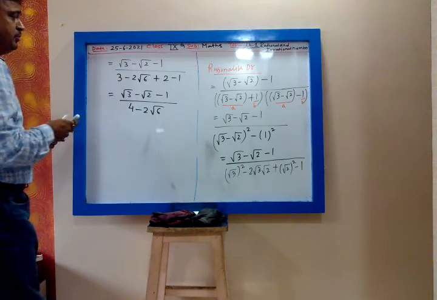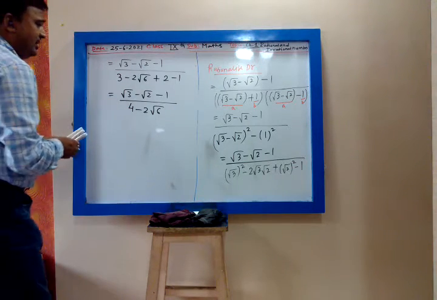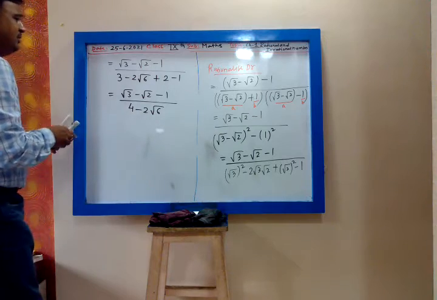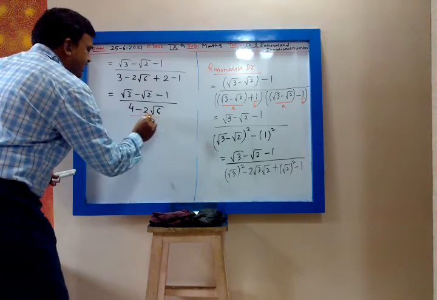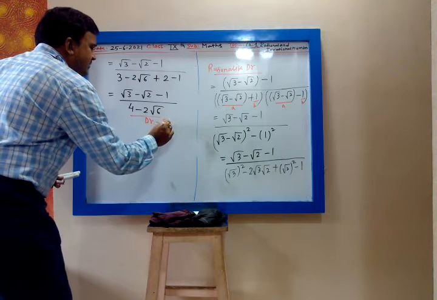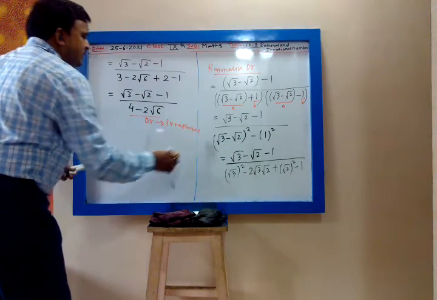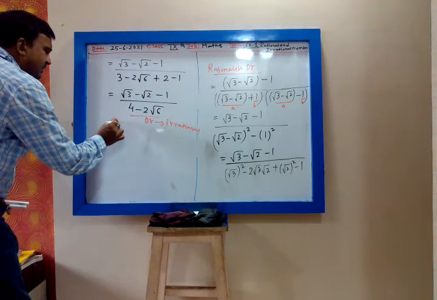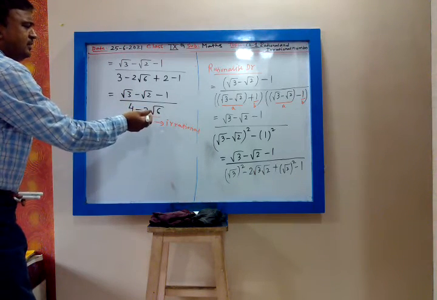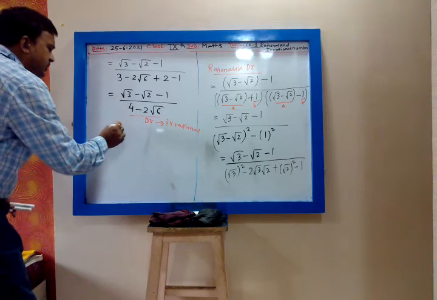So again you have to rationalize this. Again this is an irrational number, my dear. This is my denominator, and again it is irrational, so again you will rationalize the denominator. You can take 2 common, but even if you don't take 2 common, no problem.